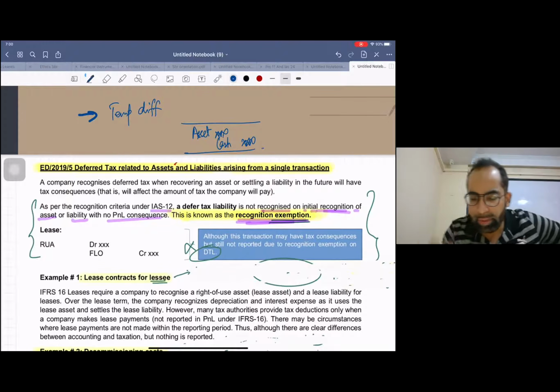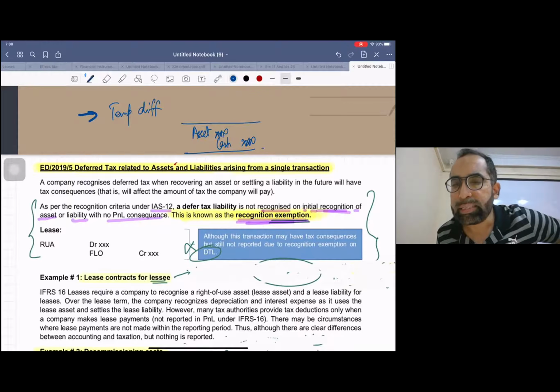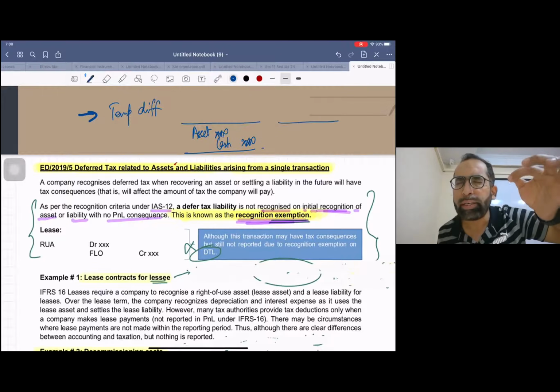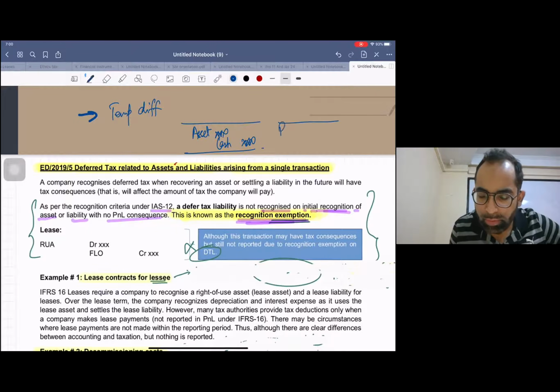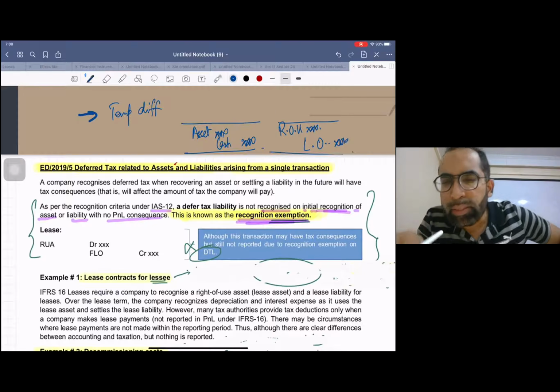They gave you one more example, and that is related to IFRS 16, finance lease in lessee books. Hope you remember the finance lease. On day one of a finance lease in lessee books, you used to make this entry: ROU, right of use, debit, and lease obligation, LO, credit. Just think about this entry.